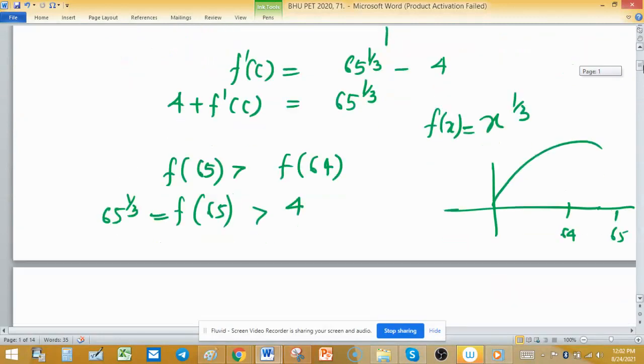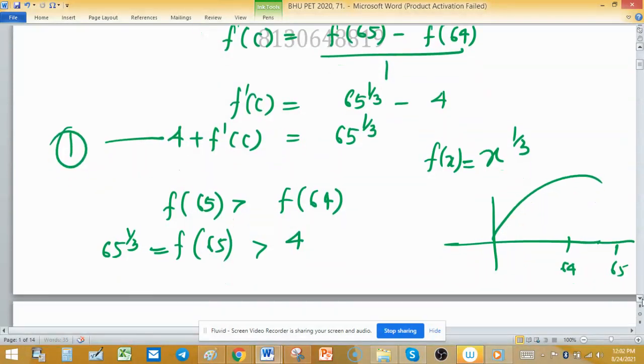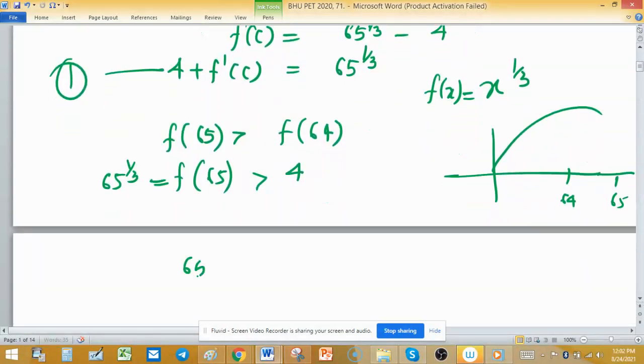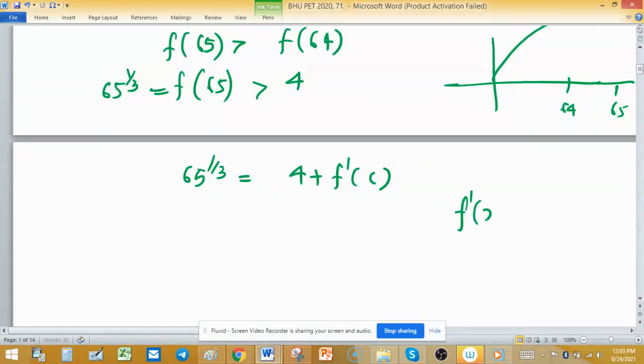So this equation will help you to find the right bound. I write it again: 4 plus f dash c, and f dash x is equal to 1 upon 3 x raised to the power 2 upon 3.